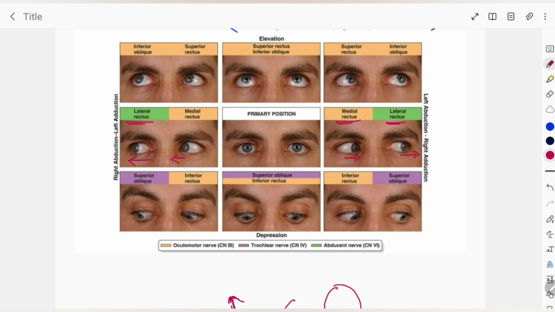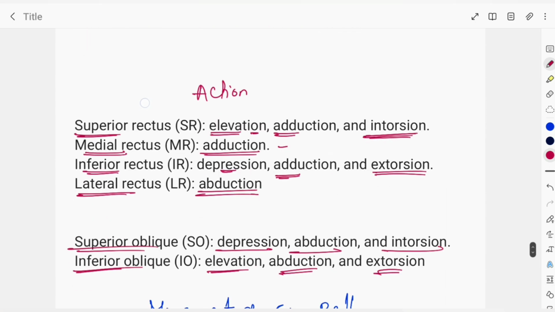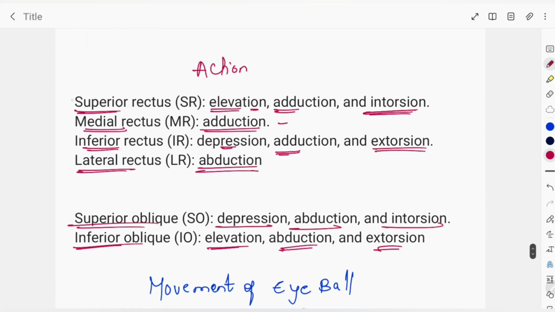Now if we talk about the elevation and depression, we will be going towards action. Elevation means upward rotation in all these three, this one and this one. The action is elevation. Okay, now what are the muscles which do elevation?